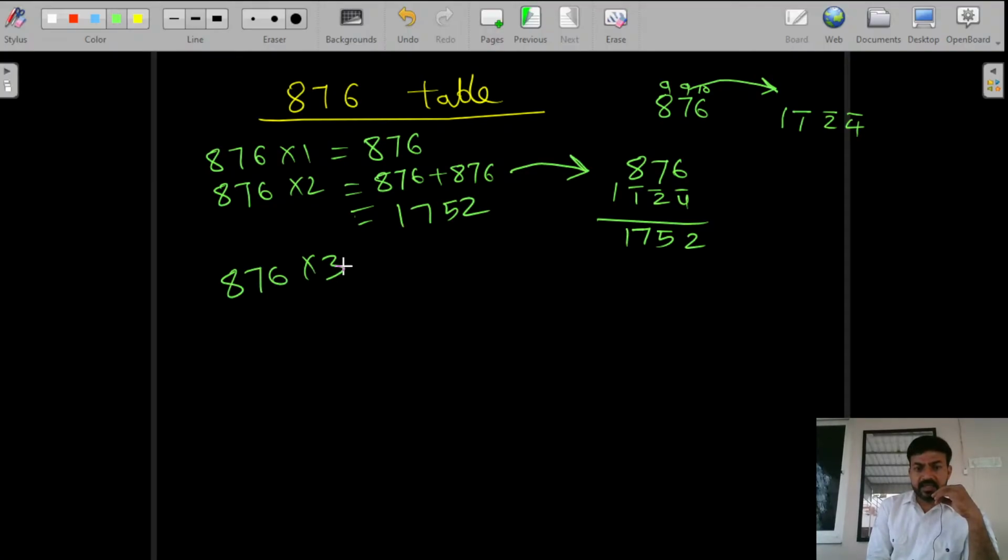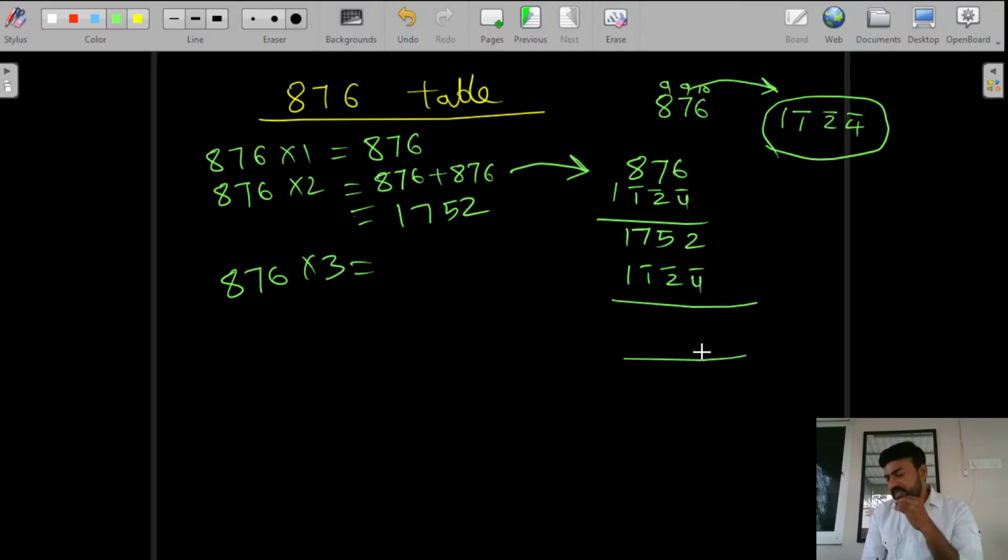876 threes are. Again add this 1 bar 1 bar 2 bar 4. So tell me the answer. 876 threes are. Yes, Ananya Tripathi, multiples of 876. Tell me this answer. 876 threes are. You should not do multiplication.